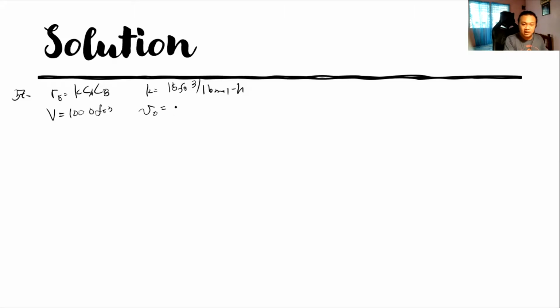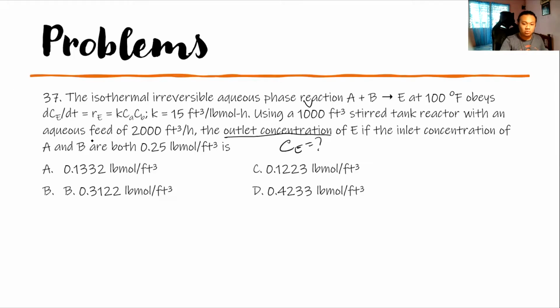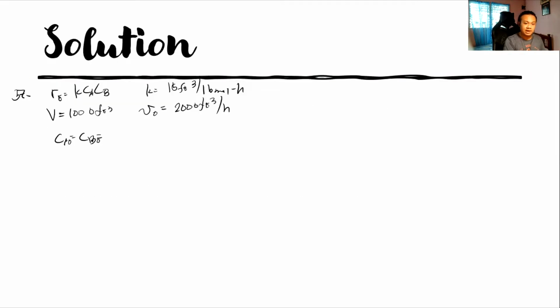Okay, so we have 2,000 cubic feet per hour. Okay, so we have also the initial concentrations. So we have CA0, inlet concentration. So CA0 and CB0 are 0.25 pound mole per cubic feet. Okay, so we are tasked to find CE.